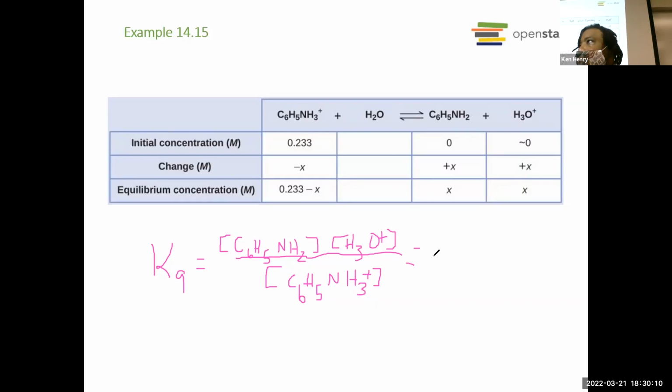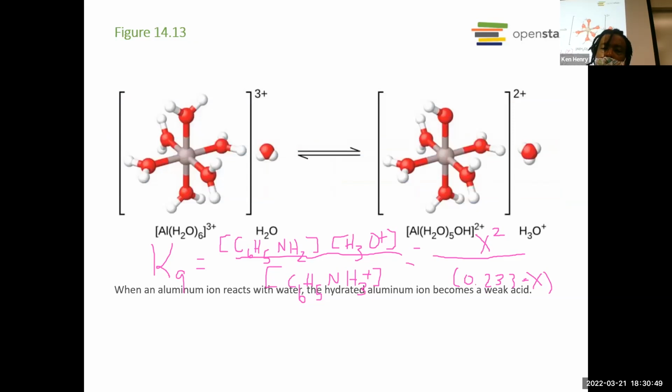So in this case, it would be x squared over 0.233 minus, okay. Okay, so if we had an equilibrium constant for the acid, we could actually sit there and solve this, right? Okay. So let's see.